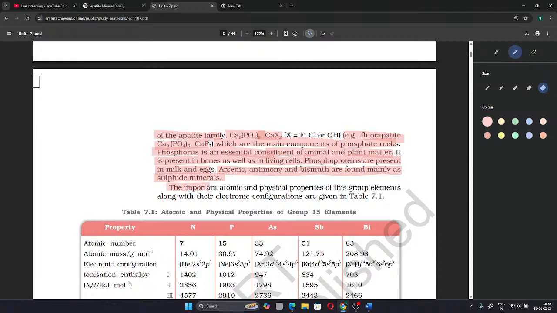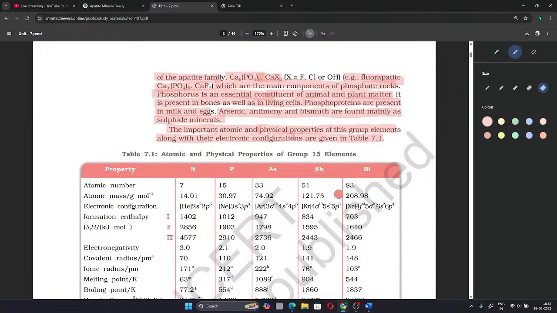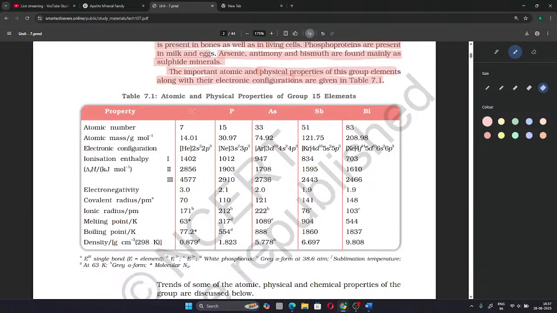The important atomic and physical properties of this group elements along with their electronic configuration are given in table 7.1. Atomic and physical properties of group 15 elements.